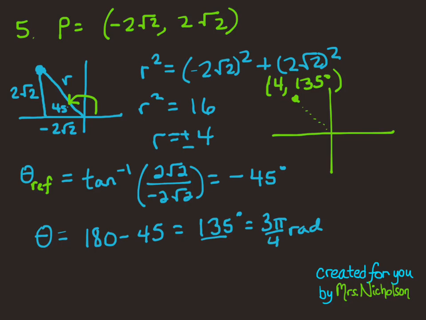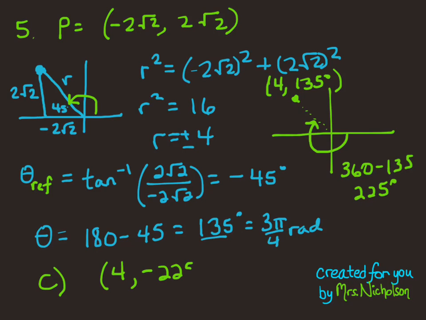So one thing I could do to write different coordinates, here's part C. Instead of using the positive 135-degree angle, I could use the negative angle. And that coterminal angle would be 360 minus 135, which is going to give me 225 degrees. So one way I could write the coordinates would be a radius of 4 and a negative 225-degree angle.